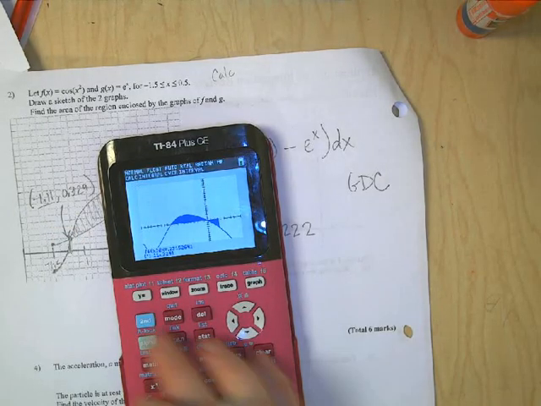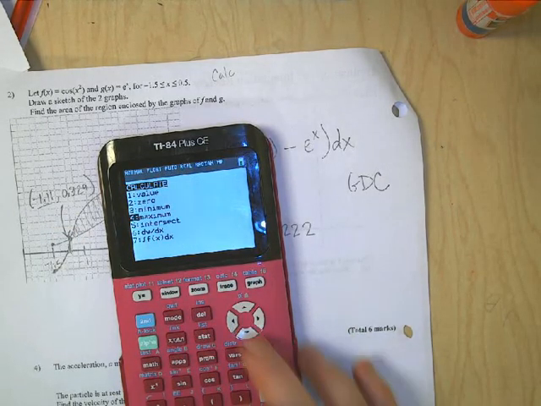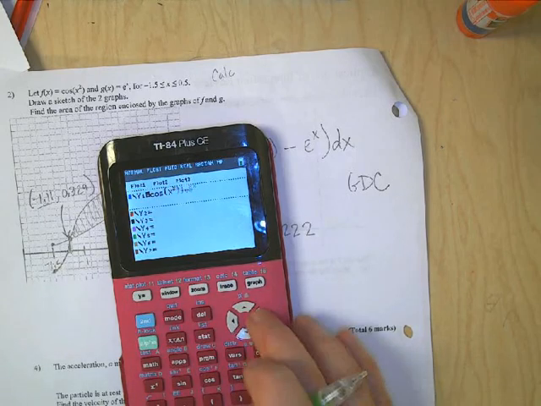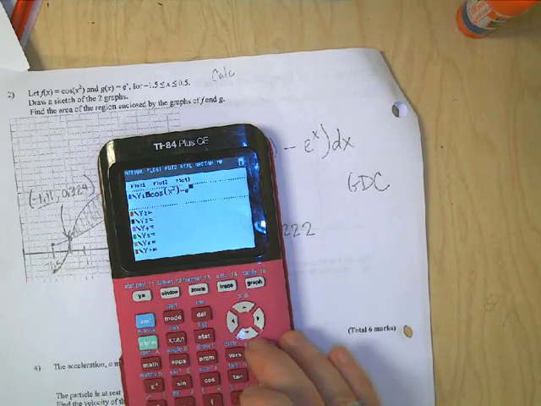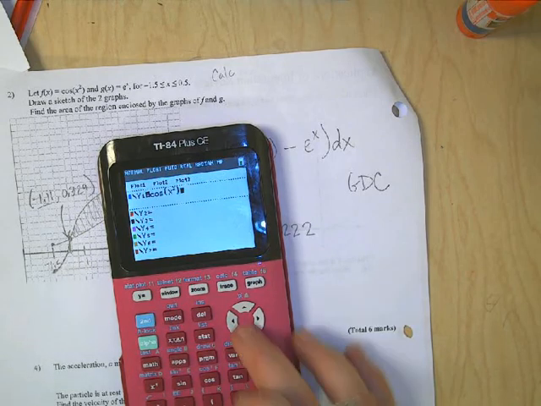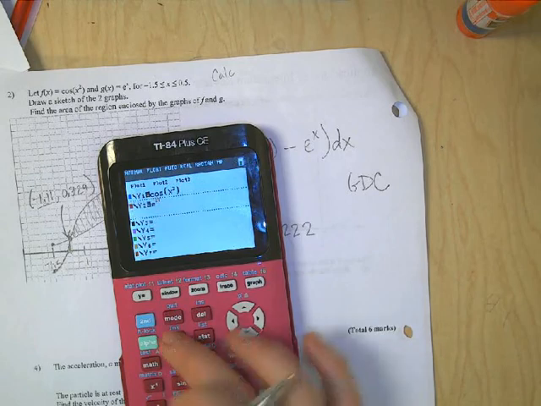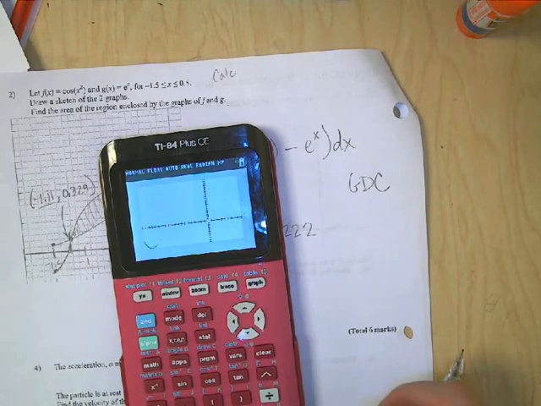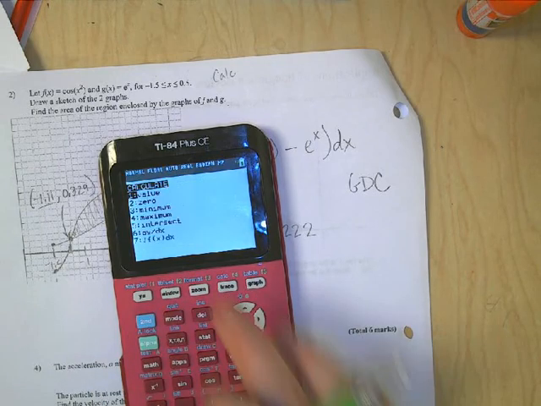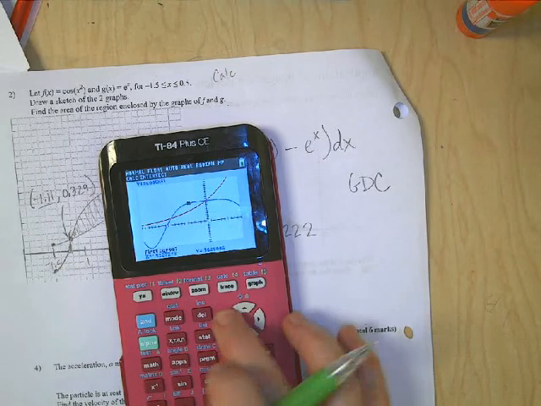Let me go to that intersection again. Oops. Y equals, sorry, I just messed it all up. I got a different answer when I did it before, so I'm thinking maybe I put in more digits before. So let's put in more digits. Second, find the intersection, get close to the intersection.